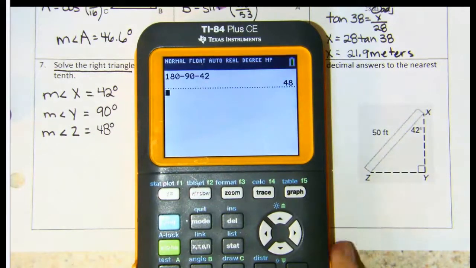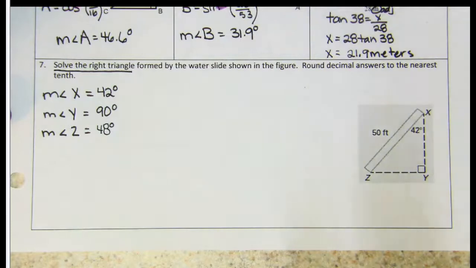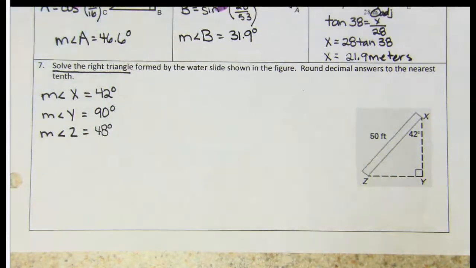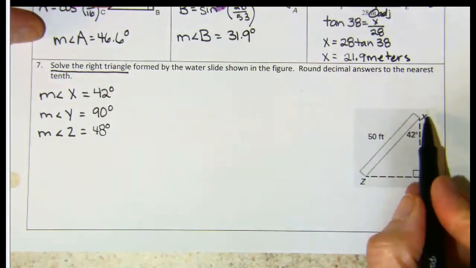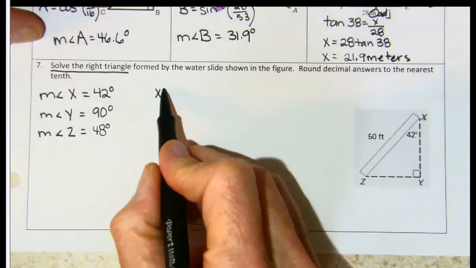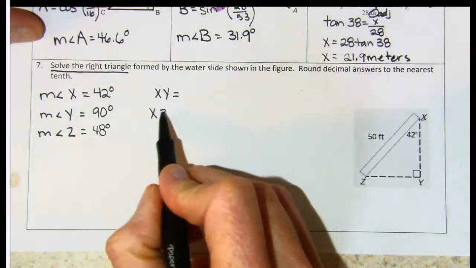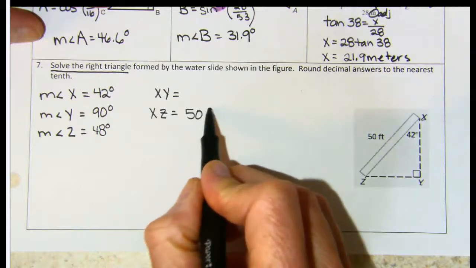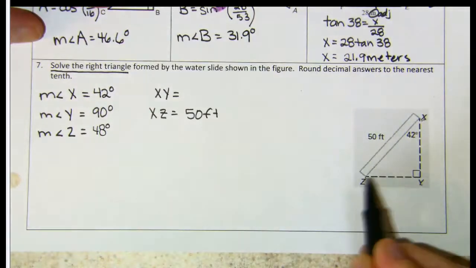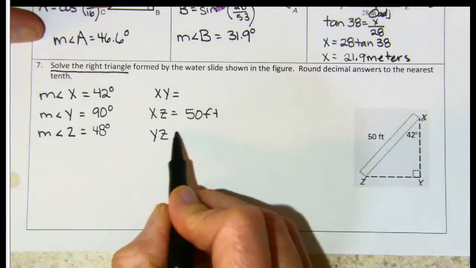Now, we have all three angles. We now have to find all three sides. Again, we can see that there because we have xy. We're going to have xz, which is given at 50 feet. And then we're going to have yz, which we don't know.